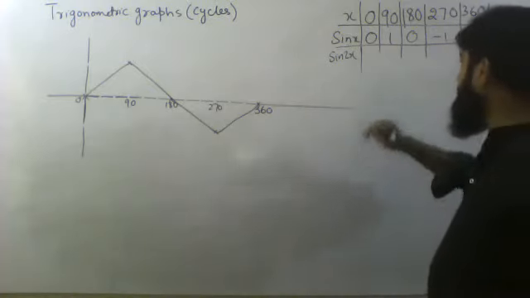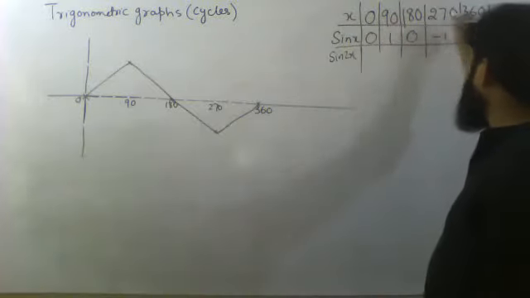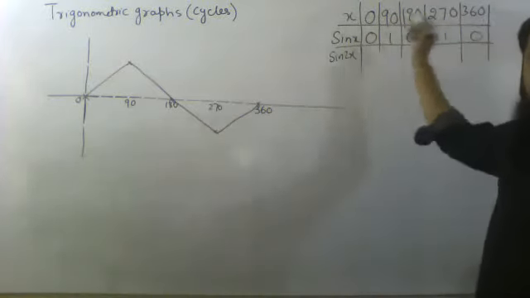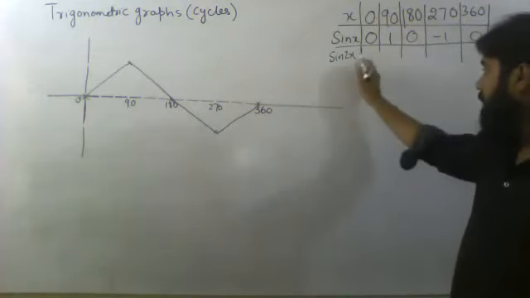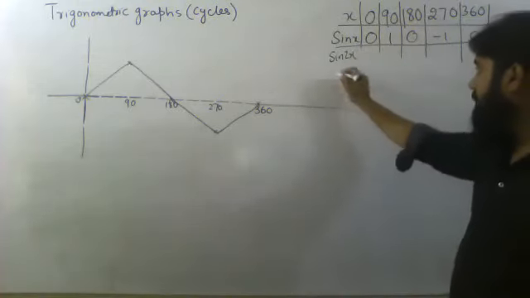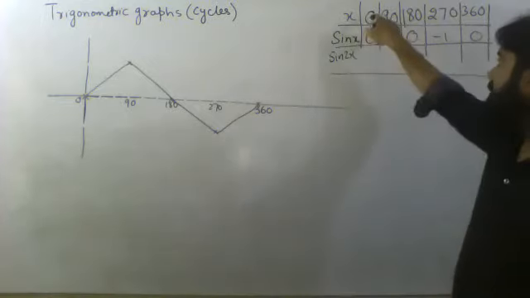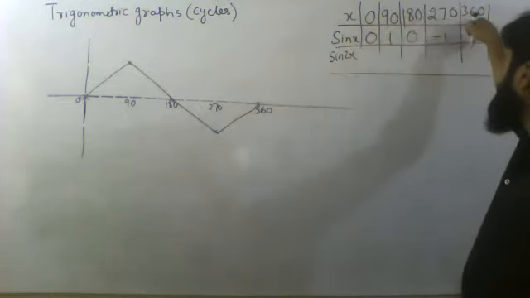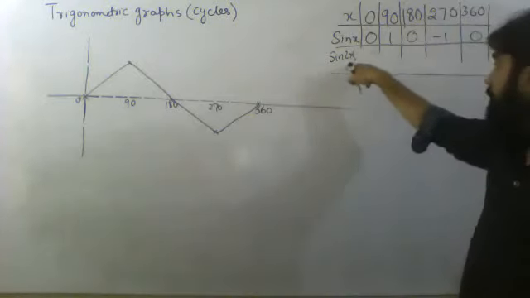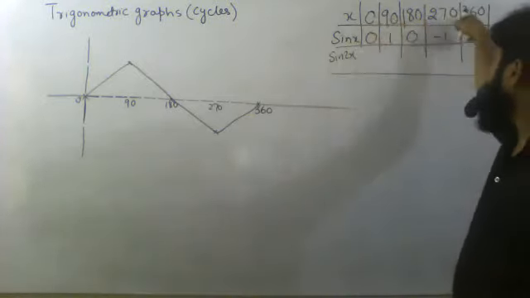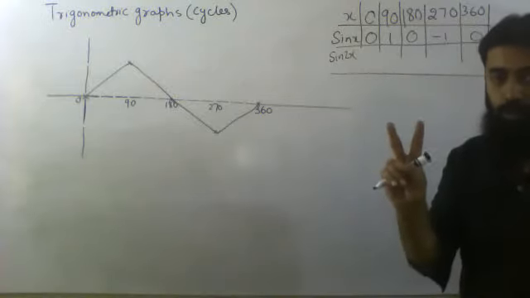For two cycles, all the angles which are written will be changed. When I have to make a graph of sine 2x, initially it was 0, 90, 180, 270, 360. There are two cycles, so you will divide all of them by 2.